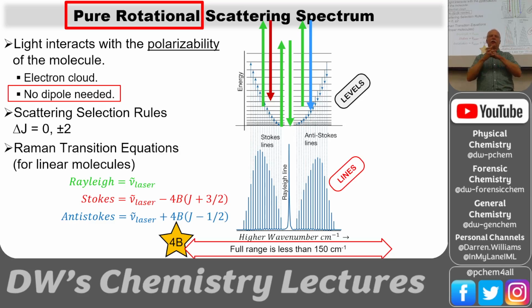Now this is really close to the laser line. Again, the energy level differences are really small, and so the spectra show up really close to the laser line. That's what makes rotational Raman really hard, because you need a very high resolution, narrow laser. Most of our lasers, our little diode lasers, the width of the laser line and the Rayleigh scattering line is wider than this whole range.